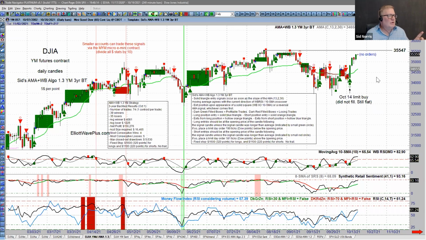Premium plan members can trade these signals with no more than 15 minutes a day if they want. They just need an account and some way to trade. Something like TD Ameritrade, their Thinkorswim platform, and they've got a really nice app on their phone that you can use. You could check in the early evenings.